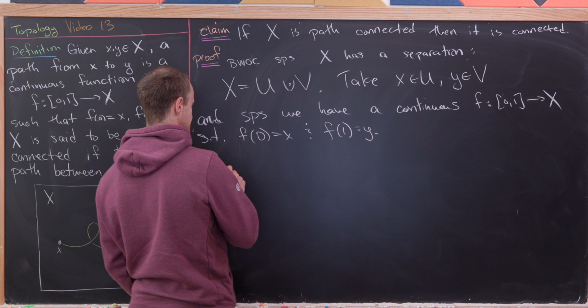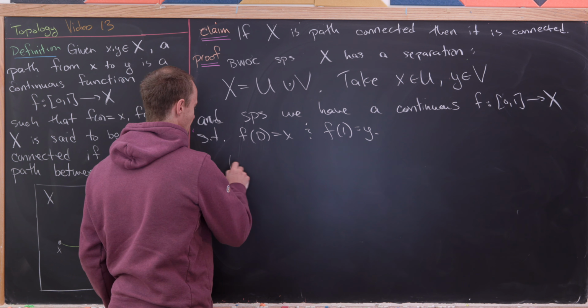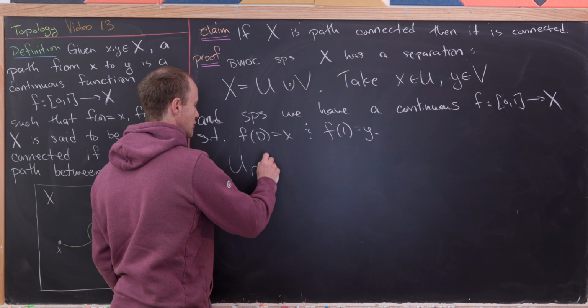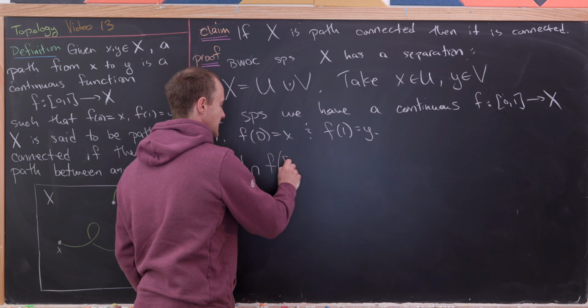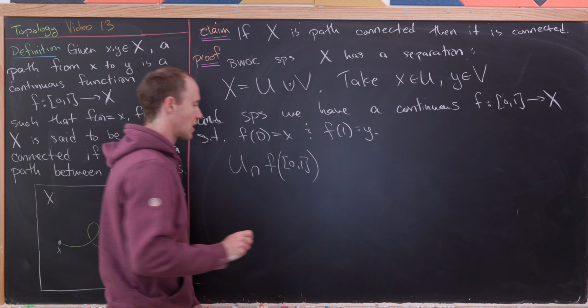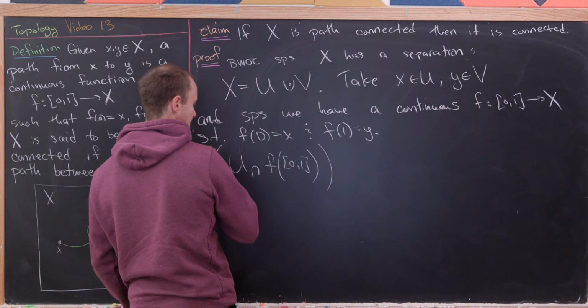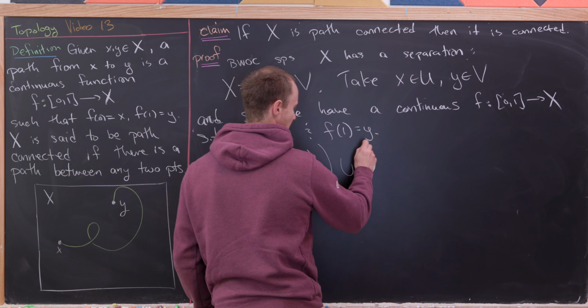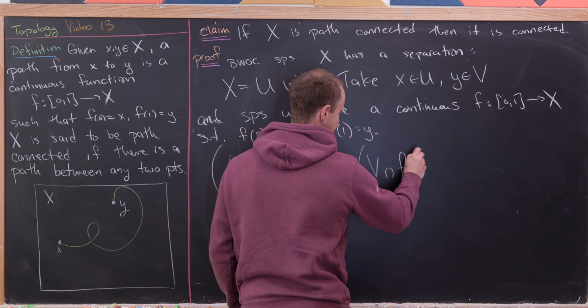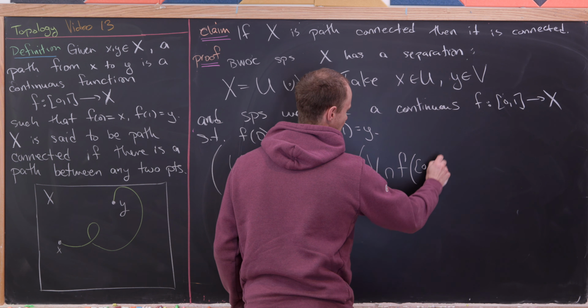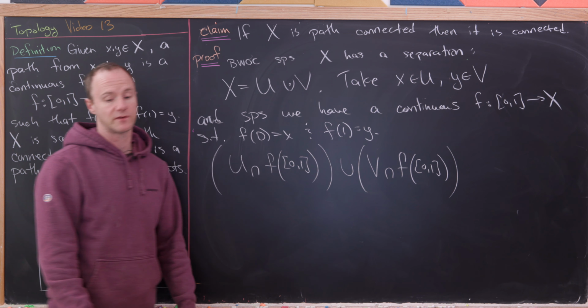Now we want to show why that's some sort of issue. So let's look at this. Let's look at the set U intersected with the image of our whole interval here, and then let's union that with our set V intersected with the image of our whole interval there.